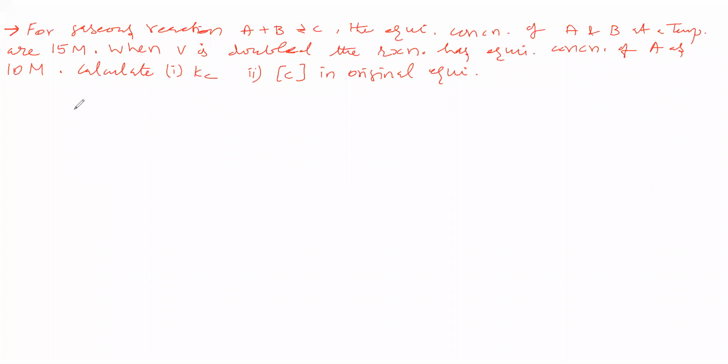Now we will take the given equation, that is A plus B gives C. Now the equilibrium concentrations of A and B are 15 molar. At equilibrium, concentration of A is 15 molar, concentration of B is 15 molar.